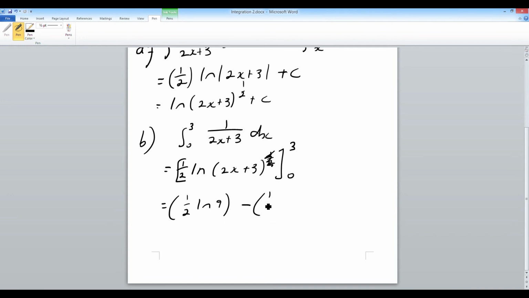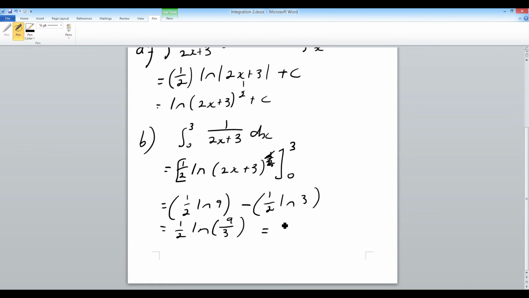minus a half, the natural log. So 2 times 0 becomes 0, plus 3, so the natural log of 3. And now I can rewrite this as a half natural log, and 9 minus 3. So natural log of 9 minus the natural log of 3 can be written as 9 over 3.